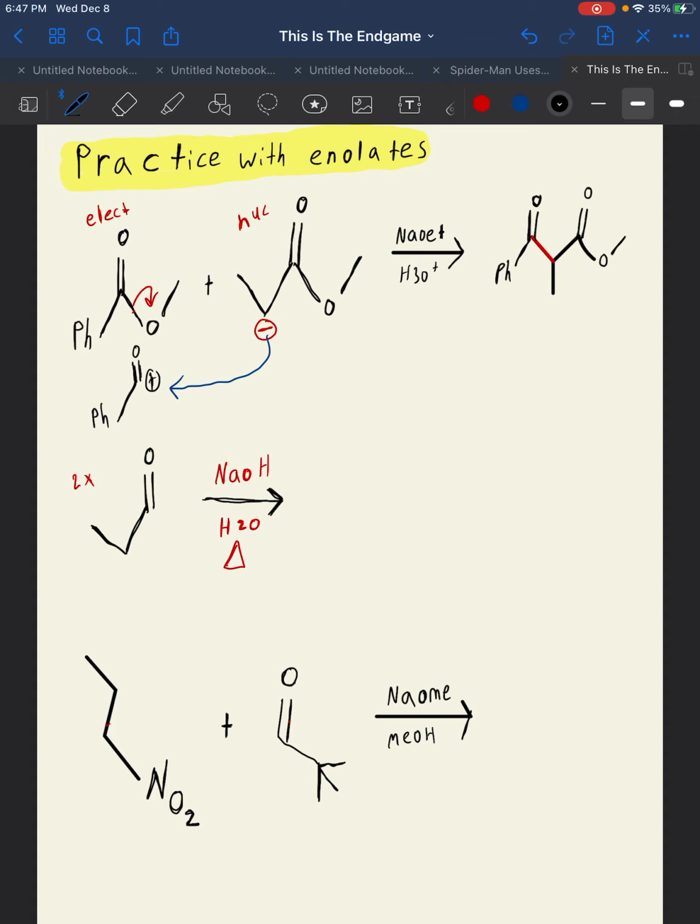The next one is pretty easy to figure out. You have two aldehydes in a reaction with NaOH and H2O and heat. So we know that an aldol condensation product is going to form because of that heat. So first, let's just figure out the aldol product. Enolate forms, then it would attack another one of itself.